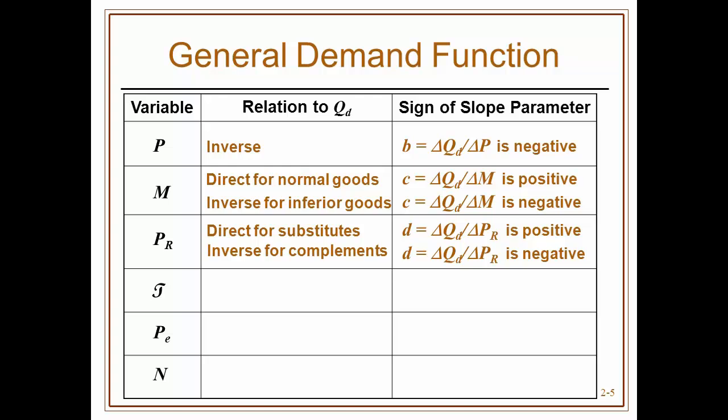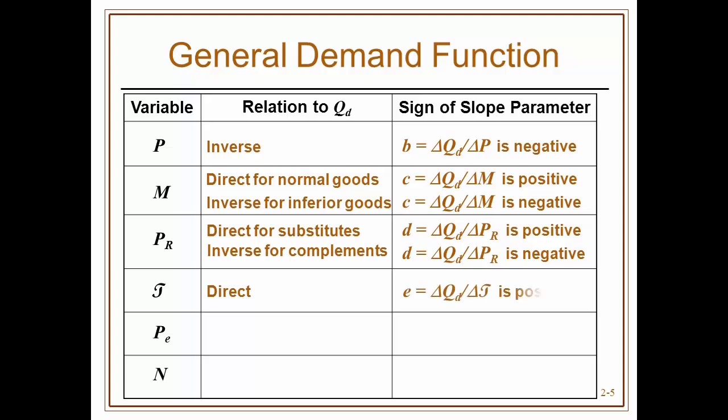But if you notice, again, that there's something happening in the jelly industry, you might be able to predict the impact on your sales if you knew how strong the complementarity is. If you knew the value of D, you knew it was negative. But it could give you a sense of, well, we predict that because of this situation in the jelly market, it's going to affect jelly sales, and that's probably going to affect our peanut butter sales too. If you knew the value of D, you'd be able to make a good prediction about that.